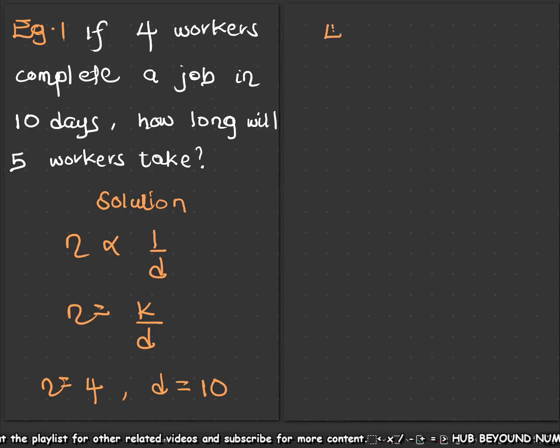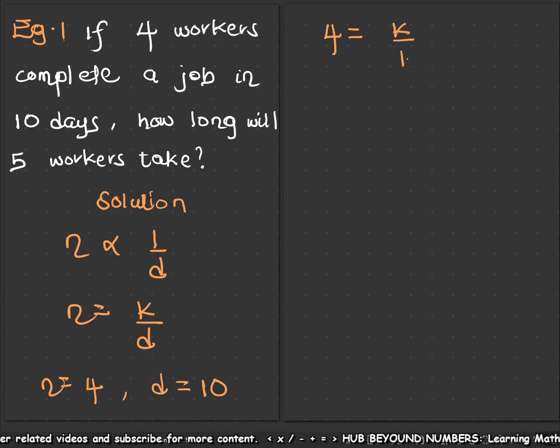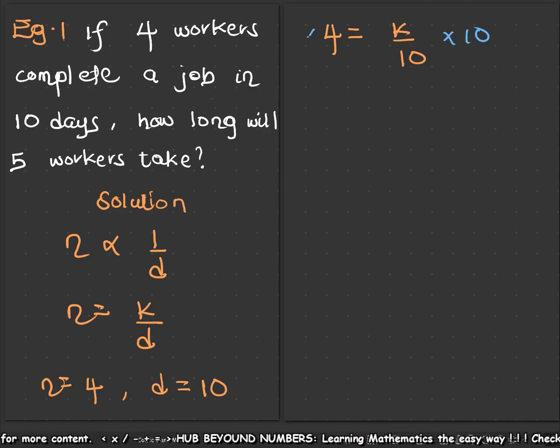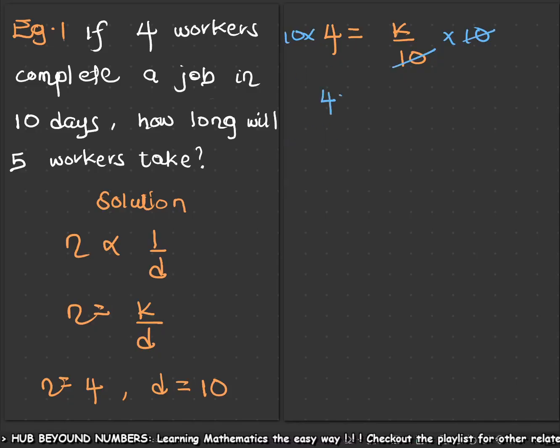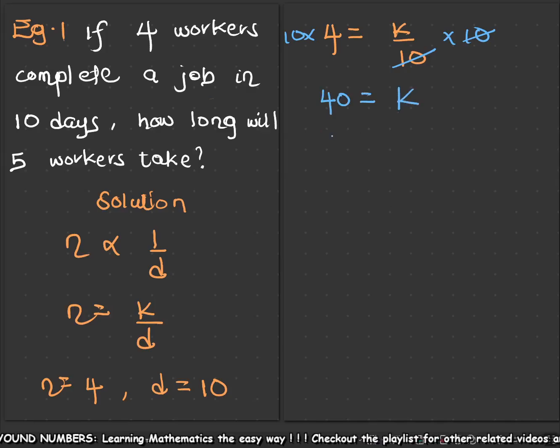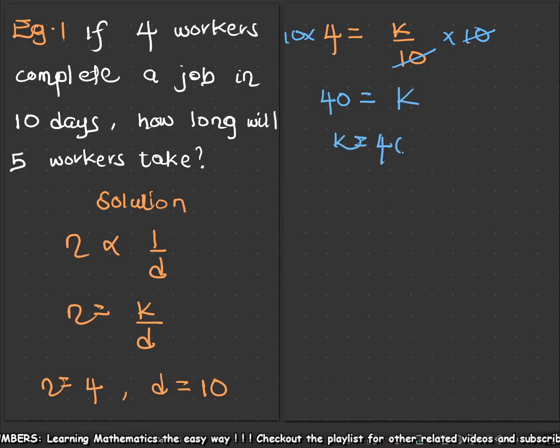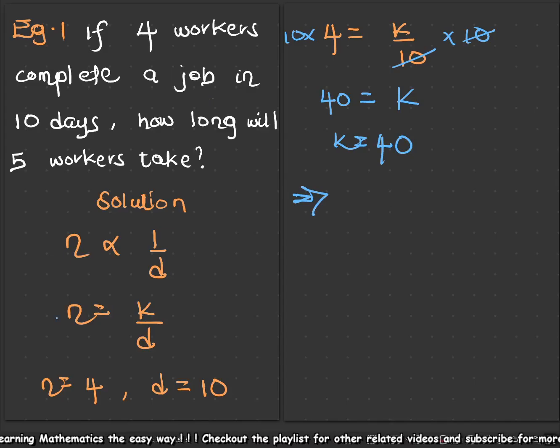Hence, we have 4 is equal to k over 10. Making k the subject, we multiply both sides by 10, and this cancels this. 4 times 10 gives us 40. So our k is equal to 40.